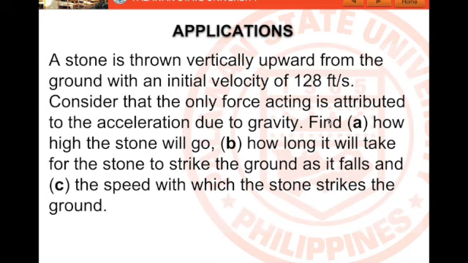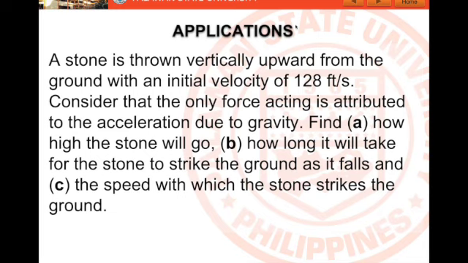So this is what the problem wants us to find. A, how high will the stone go? If we throw it with an initial velocity of 128 feet per second, the stone will be acted upon only by the force of gravity. So we neglect wind or whatever other forces there are.